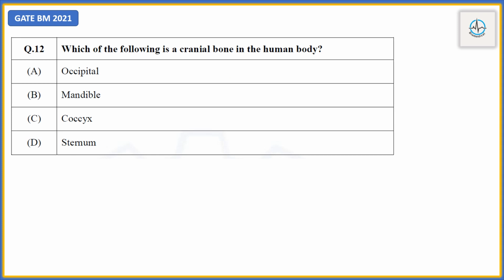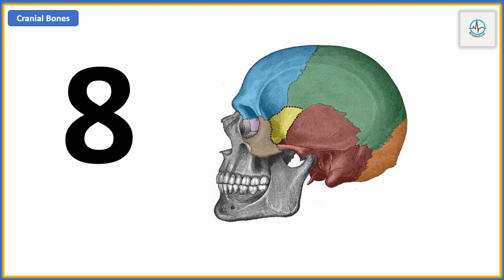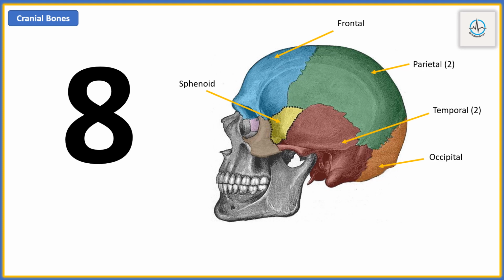The next question is, which of the following is a cranial bone in the human body? Cranial bones are 8 in number. They are sphenoid, frontal, 2 parietal bones, 2 temporal bones, 1 occipital bone and 1 ethmoid bone.